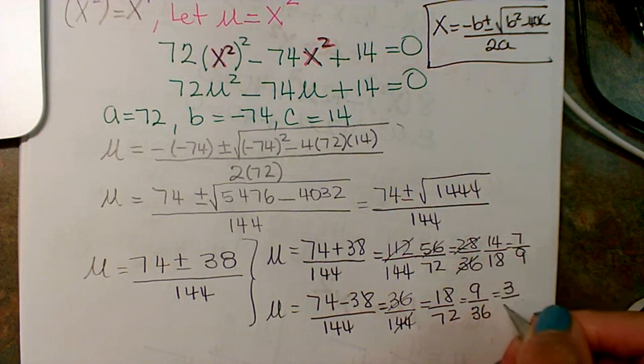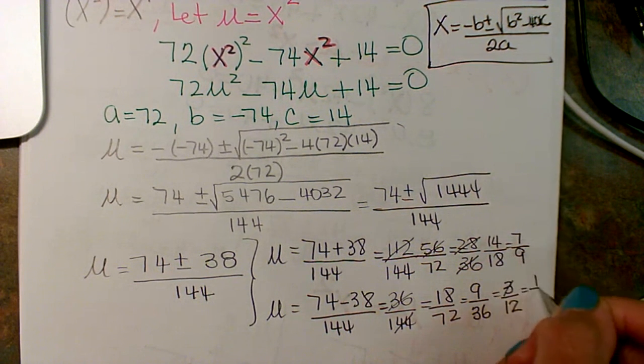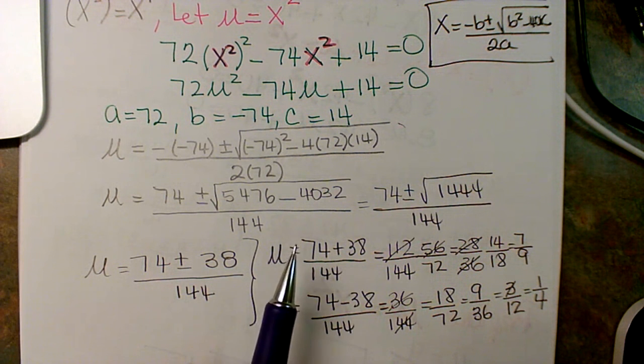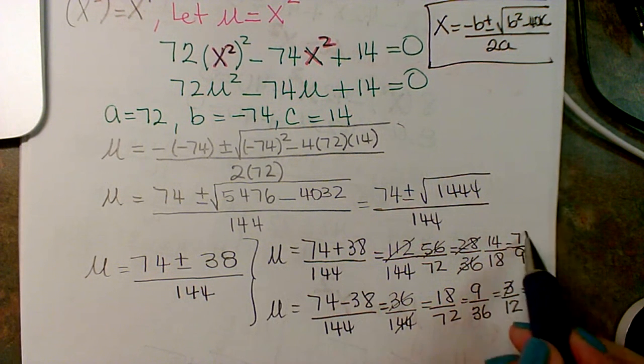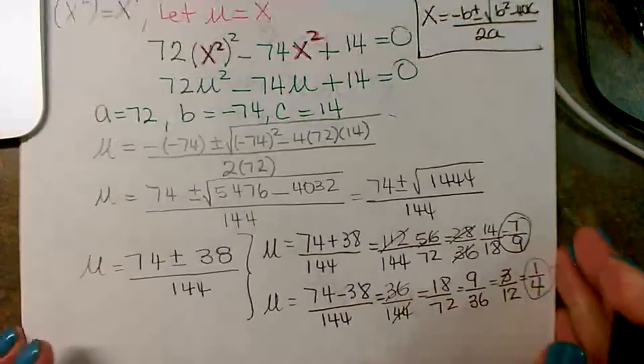This is 3, and by 3 I believe is 12. That's going to be 1 over 4 if I'm not mistaken. Yeah. So u is going to be equal to 7 over 9 and 1 over 4.